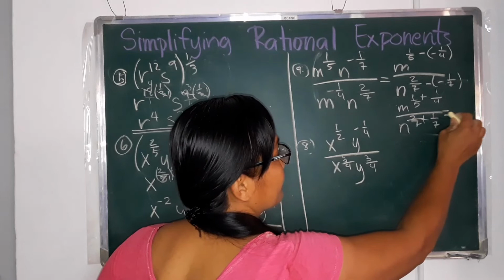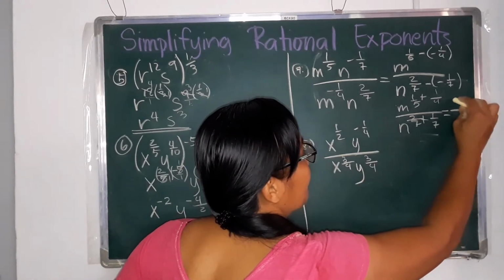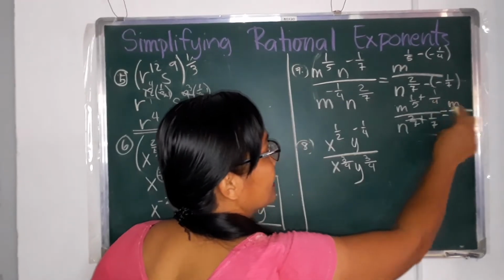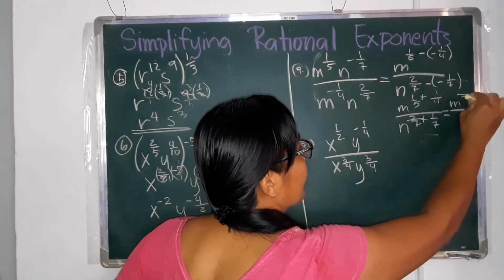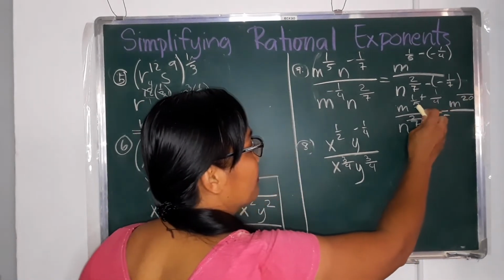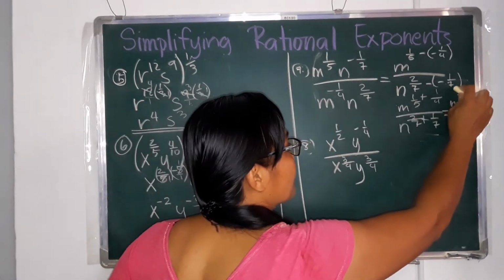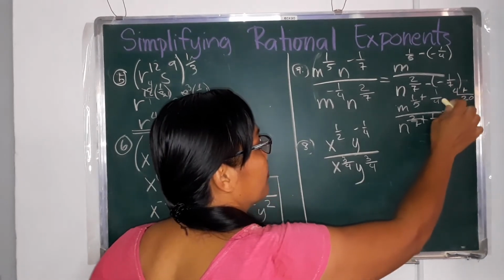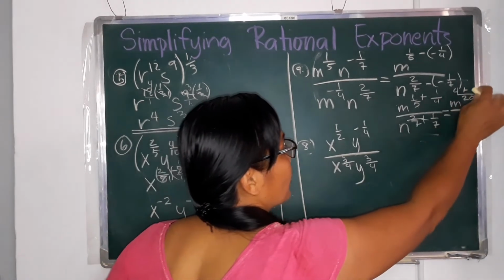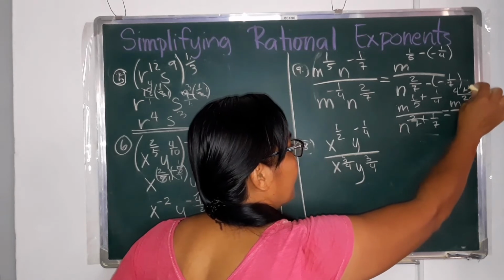Next, copy m, LCD is 20. 20 divided by 5 is equal to 4. Plus 20 divided by 4 is equal to 5. 5 times 1 is equal to 5.